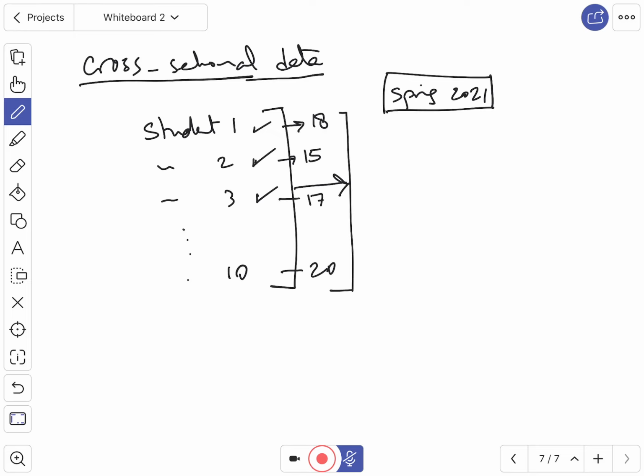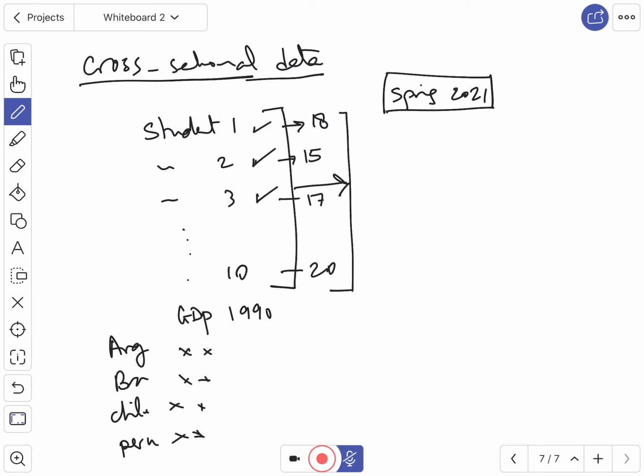You can think of another example. Let's say I'm doing an analysis on selected Latin American countries: Argentina, Brazil, Chile, Peru, and I'm checking their GDP at a certain point in time, in 1990. I have a certain number for each.